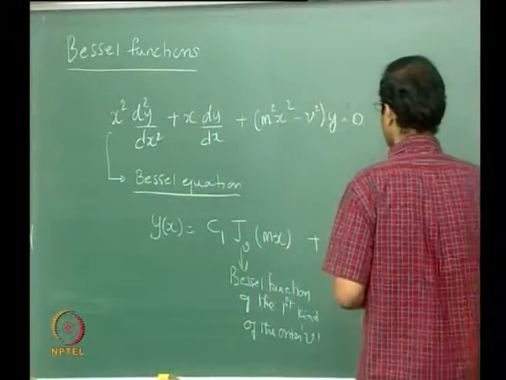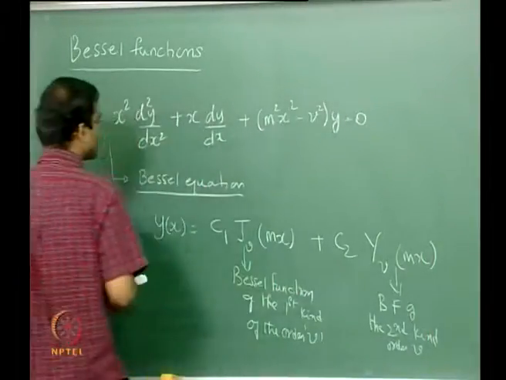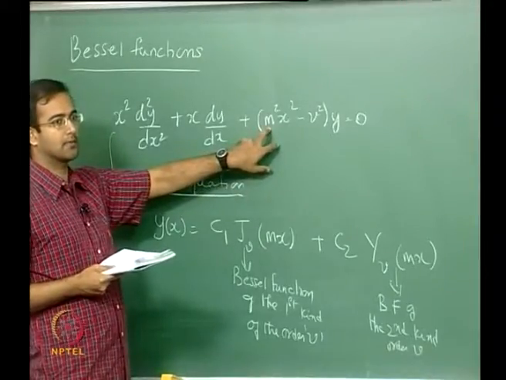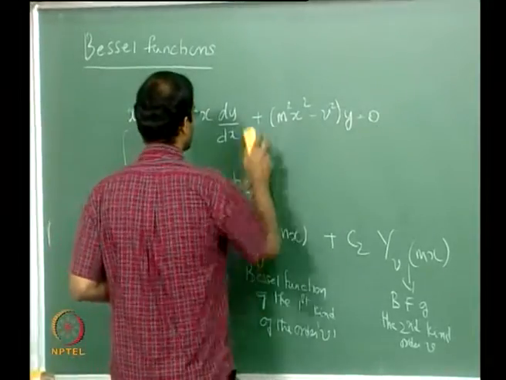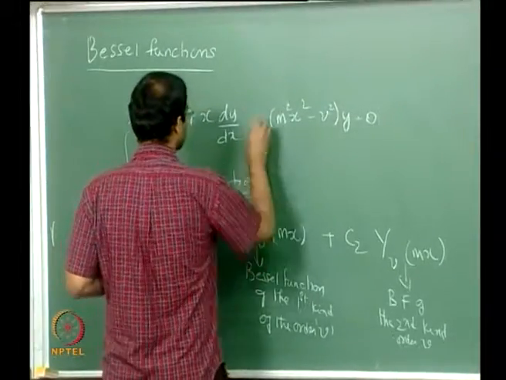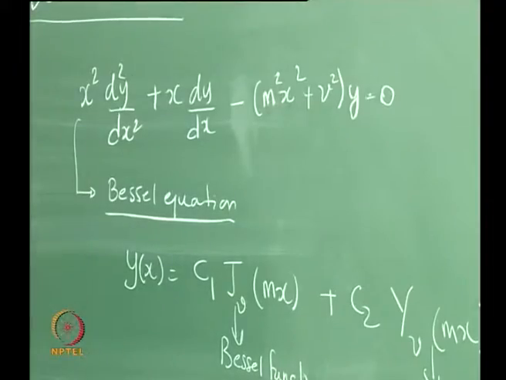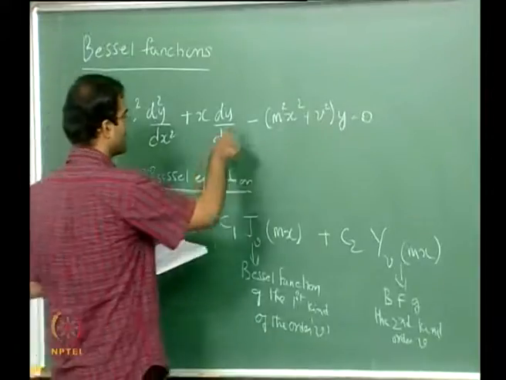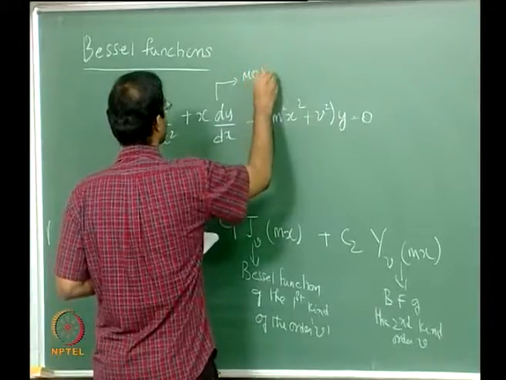Now you can write this Bessel equation in a slightly different way. Suppose your m square here, instead of being a positive value, is a negative value. You can replace this with a negative sign and write an equation like this. In that case, this becomes what is called a modified Bessel equation.